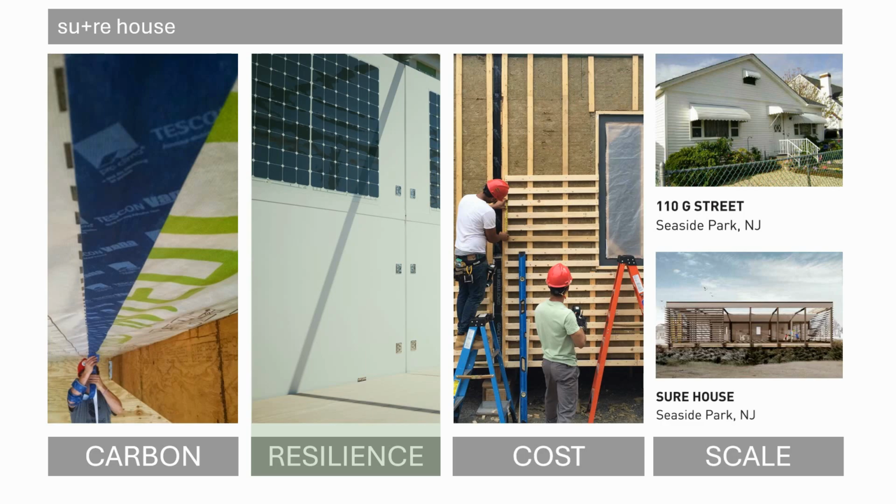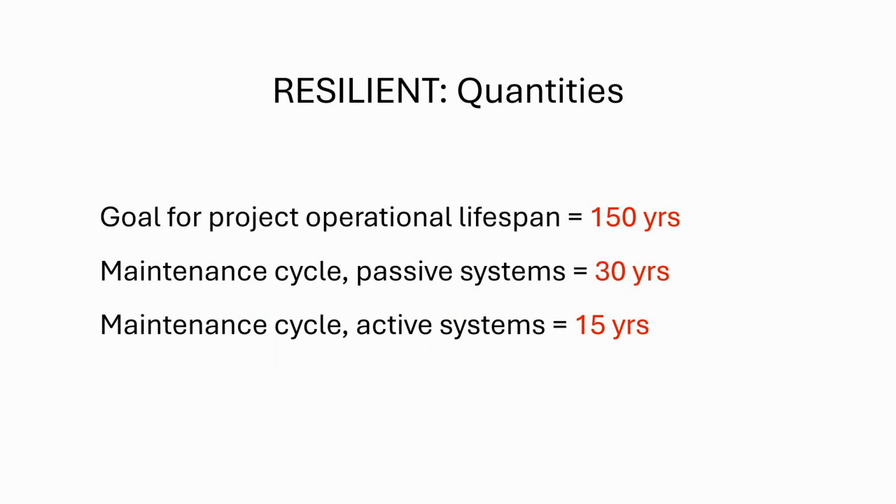For resilience, our quantities were essentially operational times. Resilience in a way is durability, but it's durability in response to a changing climate. So we wanted to design a building that had a very long lifespan. You do that by thinking about your building envelope in ways that I won't get into.